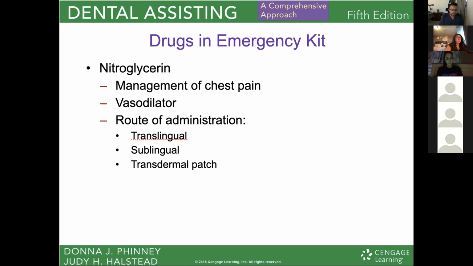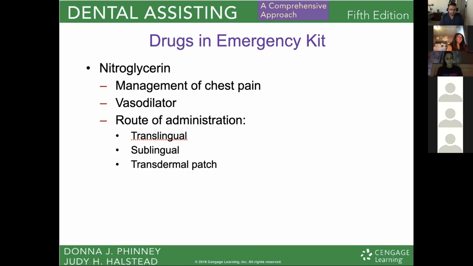Nitroglycerin is used to manage chest pain. Okay, so it is a vasodilator. What it does is it dilates the blood vessels, and the routes of administration are translingual, sublingual, and transdermal patch. So translingual means, well, first of all, let's break up what trans means. Trans means across, over, or through something.